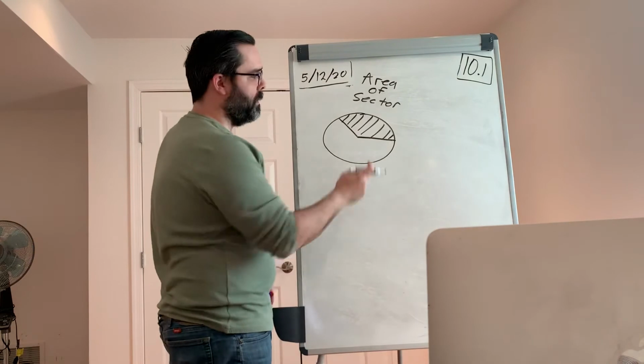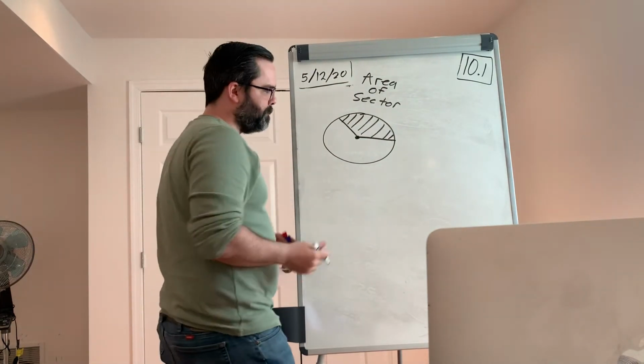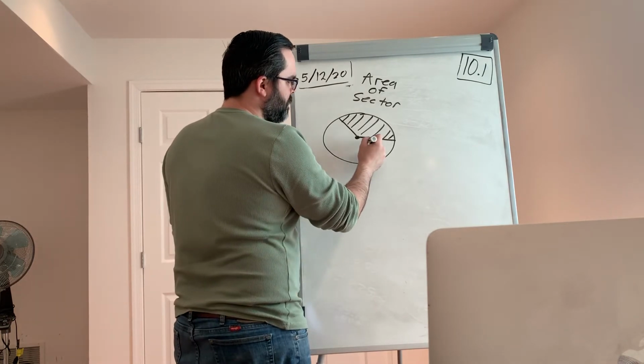So we're finding the area of this shaded region here. And the only thing we know is the radius is, let's say, 9 inches.